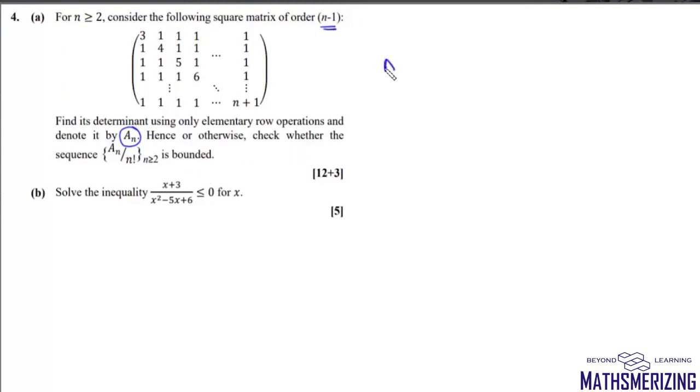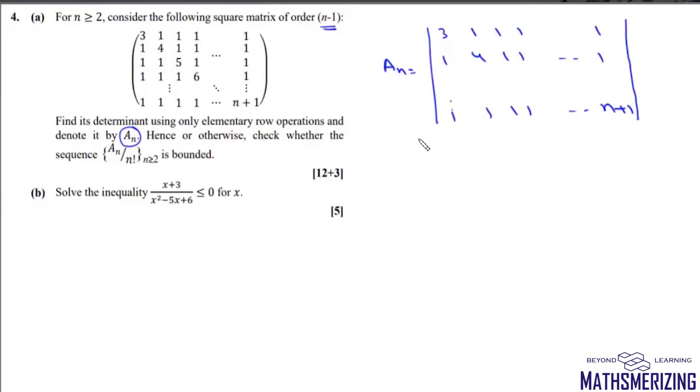This determinant, they have denoted it by an. So it will be 3 1 1 1 1, 1 4 1 1 1, and then finally 1 1 1 1 n plus 1.